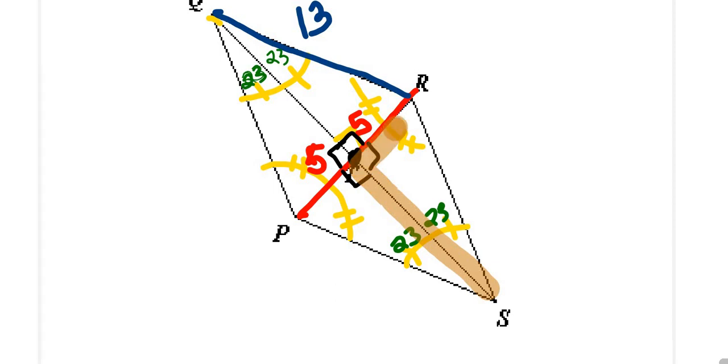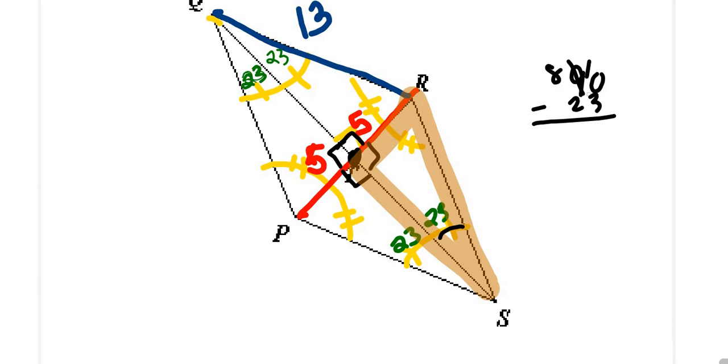So I can do this here, add up 23 and 90 and take it away from 180. Or I can simply do 90 minus 23. And we get 67. Because it's a rhombus, the diagonals cut the corners in half. 67, 67, 67. Great, we got all the angles.